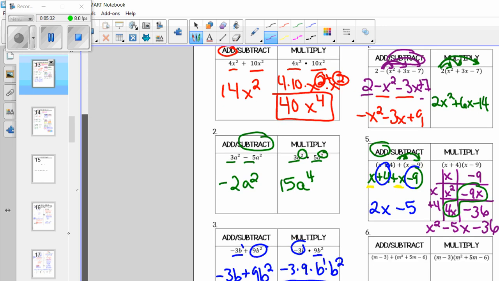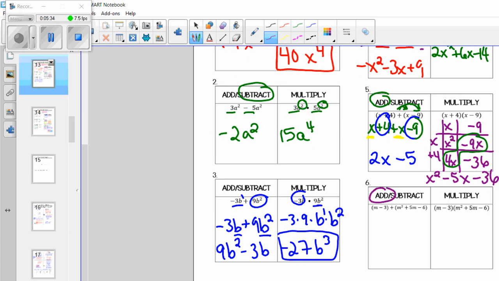For question 6, I'm going to be adding m minus 3 plus an m squared plus 5m minus 6. Here we don't have to worry about anything with distribution because again it's that positive 1 that would go to each term and that does not change anything. So m minus 3 plus m squared plus 5m minus 6.